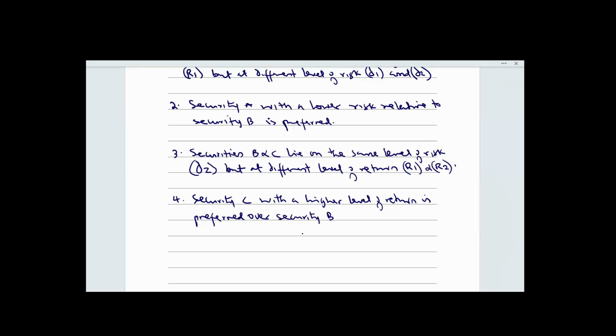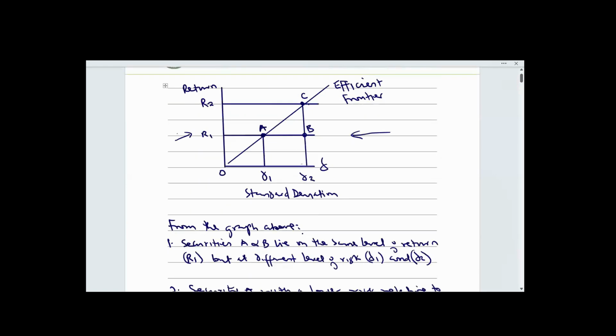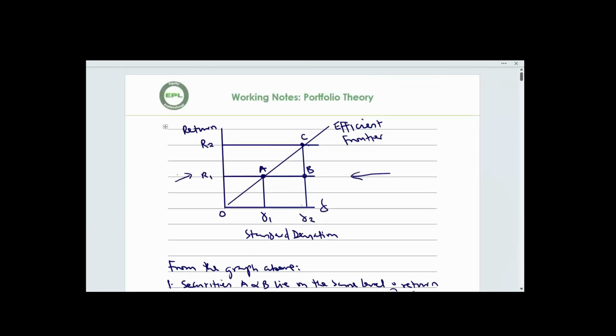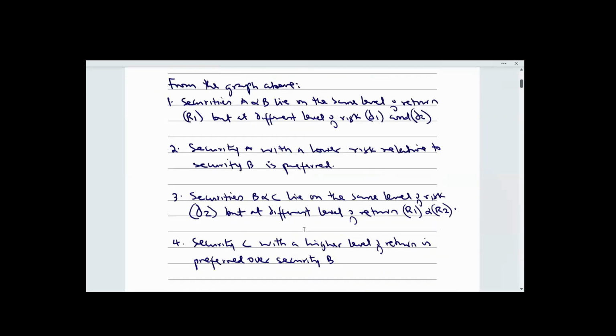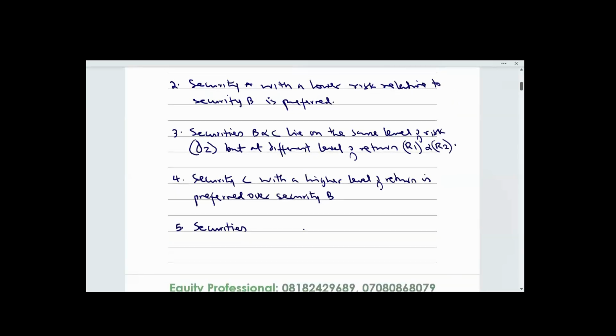Okay, so that explains the relationship between security B and C. Now, further, you will notice from this graph that security A and C are preferred over security B, and then security A and C lie on the efficient frontier. Therefore, I will then come here, the 5th point, because what you are doing here is you are just explaining your graph.